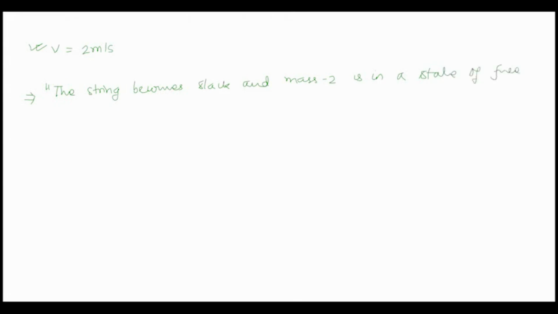So what I can consider over here is that the mass 2 is having an initial velocity of 2 meter per second in the upward direction, while the acceleration due to gravity is acting in the downward direction, that is equal to minus 10 meter per second square. And we are trying to find out the maximum height it will attain, that is final velocity is equal to 0. So if we again use this expression, we can say it as v square equal to u square plus 2a h naught.